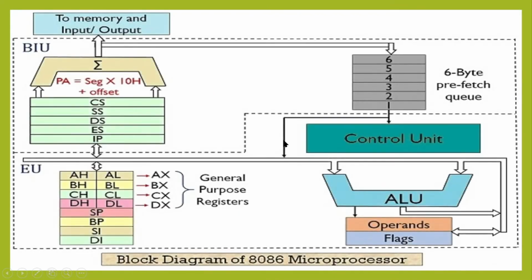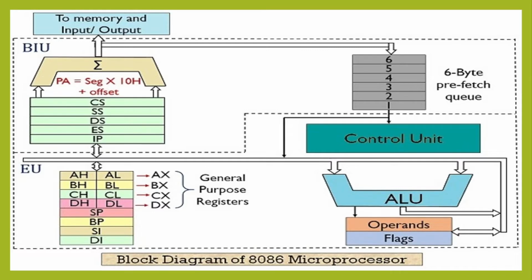So let's move on to the block diagram or architecture of the 8086 microprocessor. This kind of diagram gives you a functional overview of how the IC performs internally. It does not show exactly how the data is flowing. It is useful to understand how the IC is working.